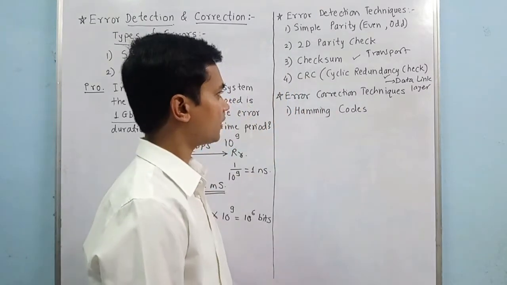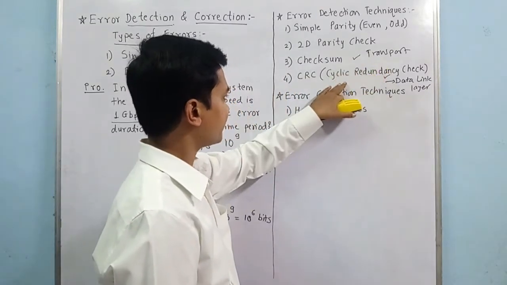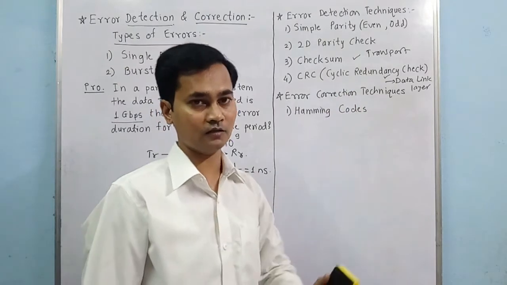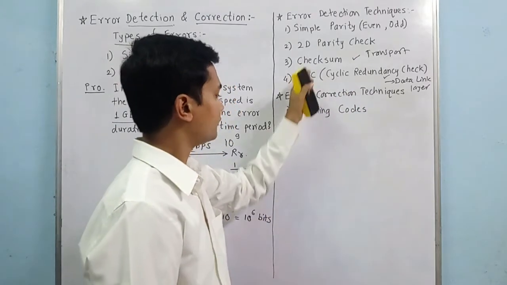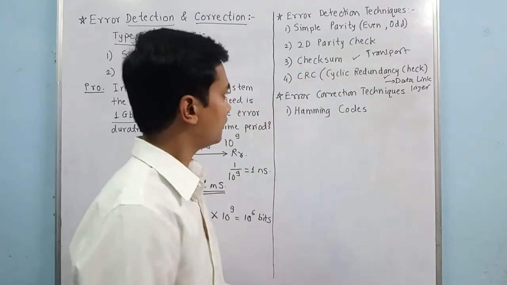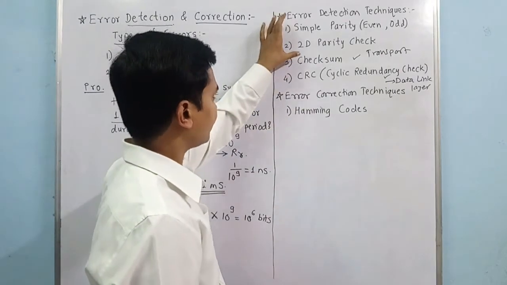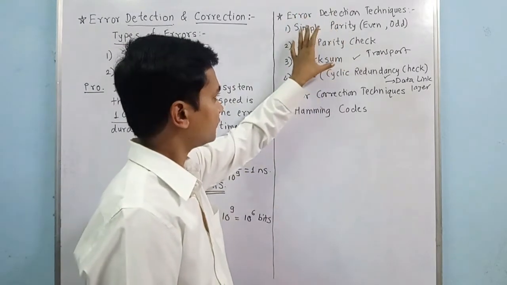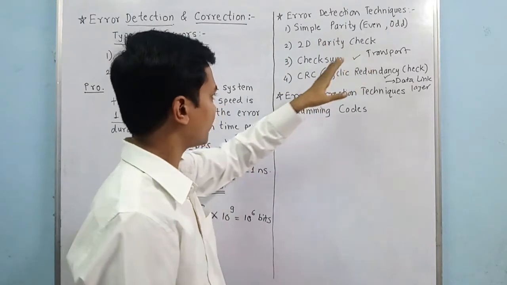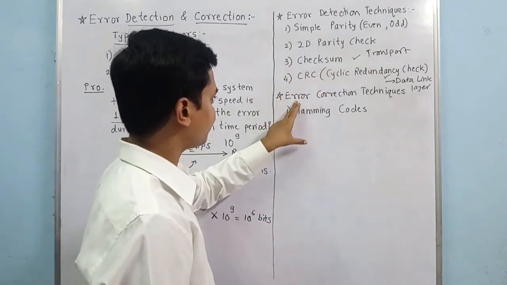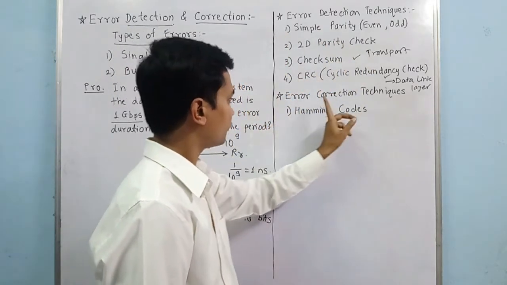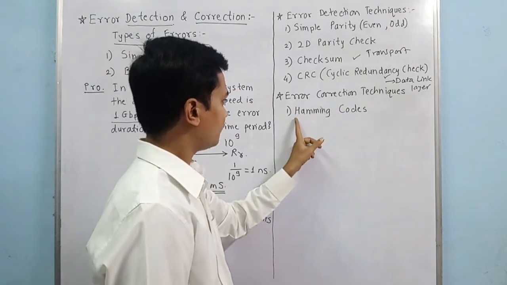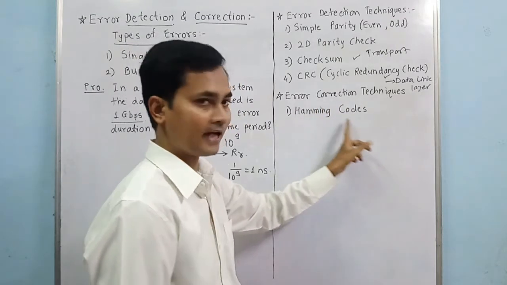These two error detection techniques are very important because they are used in computer systems, and all the other techniques are used in different electronic systems. Now the next one is error correction techniques. There is only one error correction technique, that is Hamming codes.